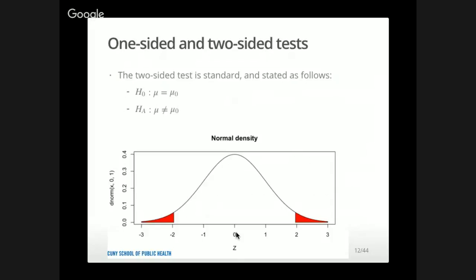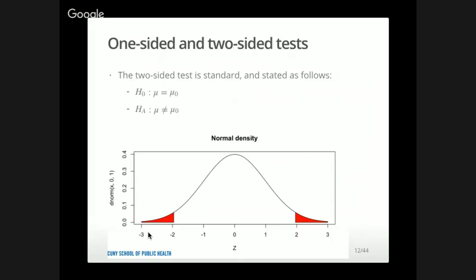And under the null distribution, that's going to be normally distributed with mean 0 and standard deviation 1. So if we take our sample, calculate that Z or T, and find that it's out here in one of these rejection regions, then we're going to reject the null hypothesis.